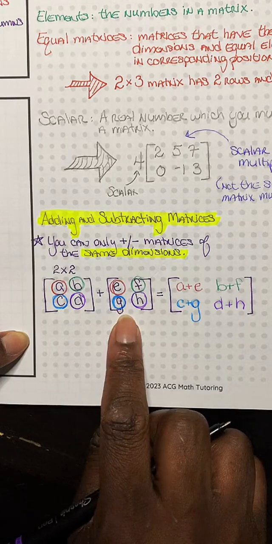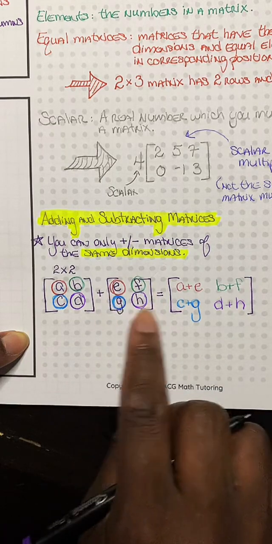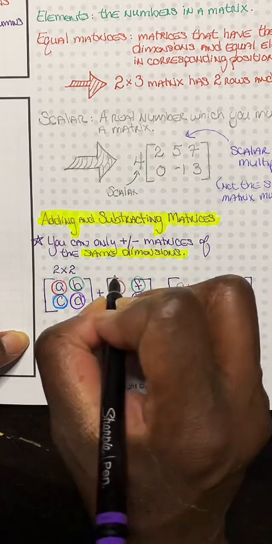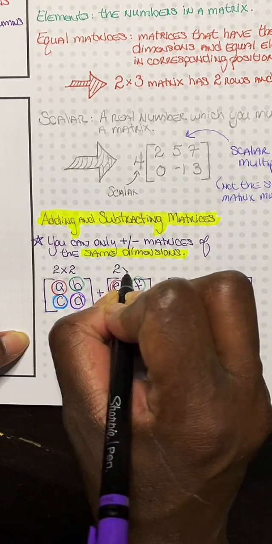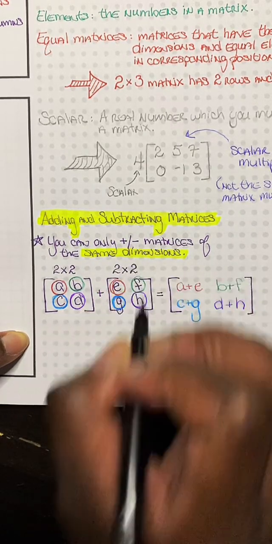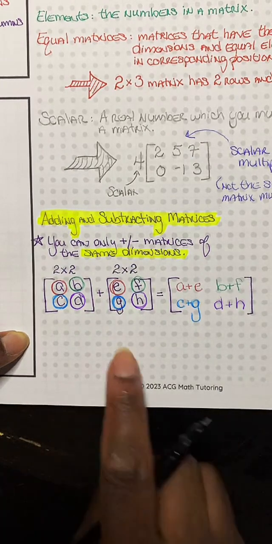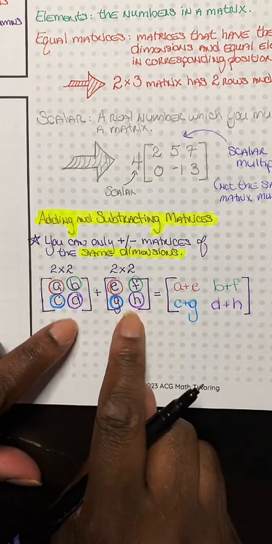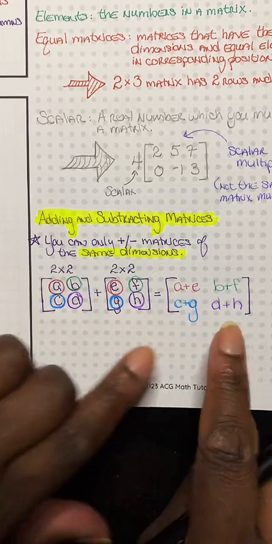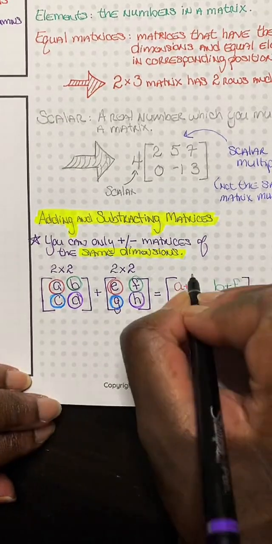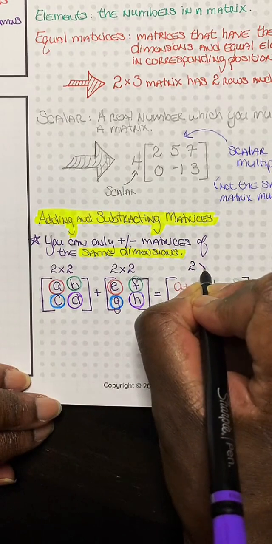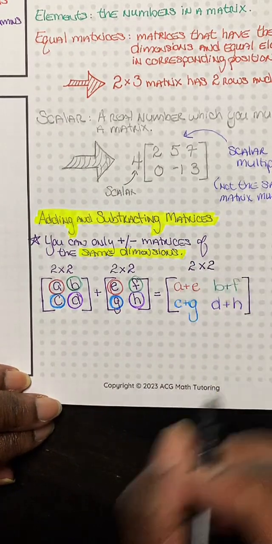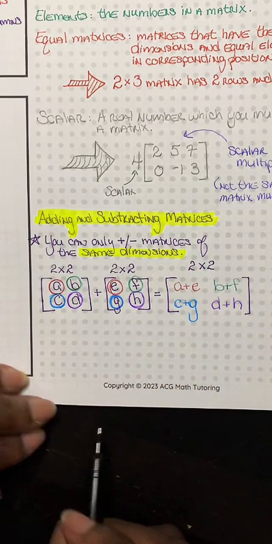In the second matrix, we have 2 rows, 2 columns. So that is a 2 by 2 matrix. When we add those 2 matrices together, we should also get a 2 by 2 matrix. And that's what we do.